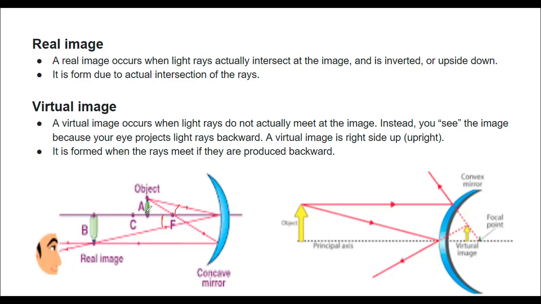whenever you place any object on the principal axis and you have the intersecting reflected rays at that point, if you are starting the rays from the top of the object, wherever the reflected rays are intersecting, you have to draw the head of the image at that intersection point, because the rays are emitting from the head of the object.